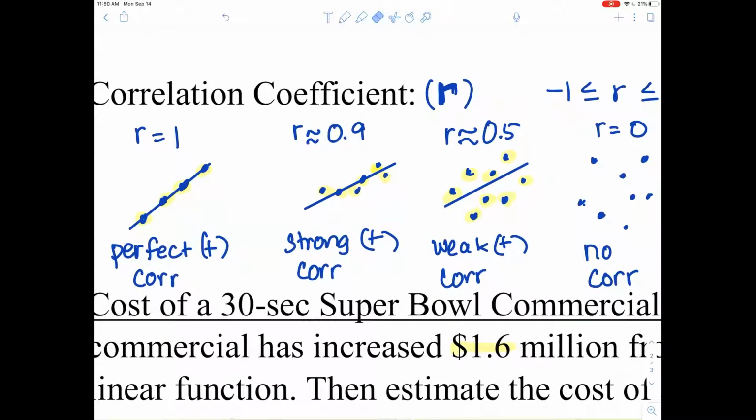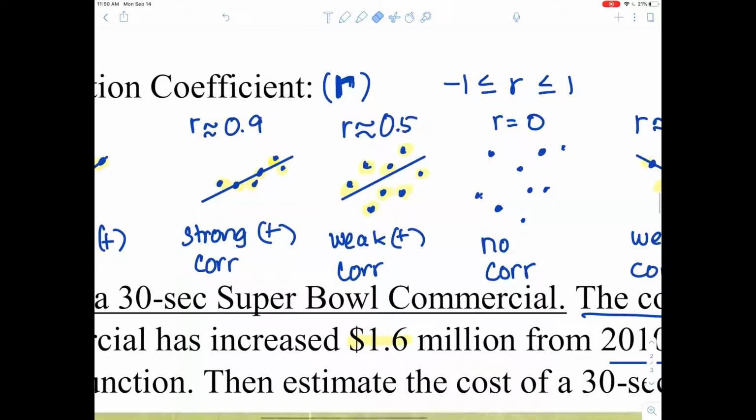Okay, so that would be a strong positive correlation, which means we could still use a linear model to represent the data. If your correlation coefficient is 0.5, that's a weak positive correlation. As you can see, the further right I go, the further up these points go. But they're pretty scattered on each side of the line, so the points are rising as you move to the right, but it's a pretty weak correlation.